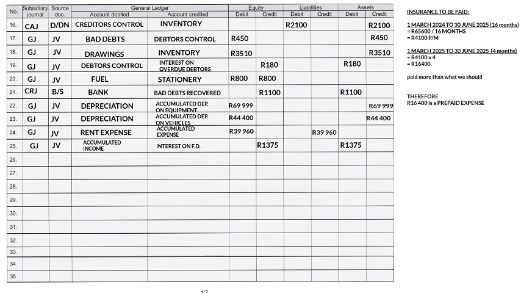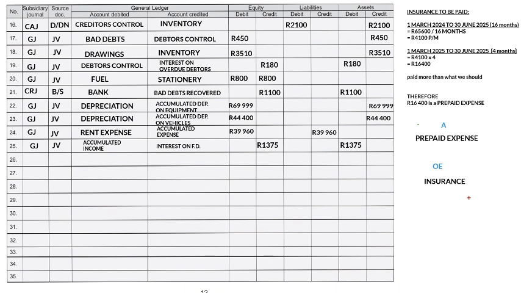So therefore, the part that we paid too much is known as a prepaid expense. So our 2 ledger accounts involved will be prepaid expense and insurance. Prepaid expense is classified as an asset, and it will have a negative effect. Insurance is classified as an owner's equity, and it will have a positive effect on owner's equity.